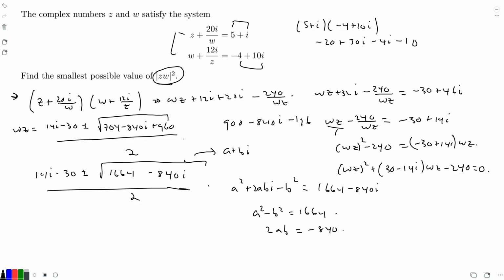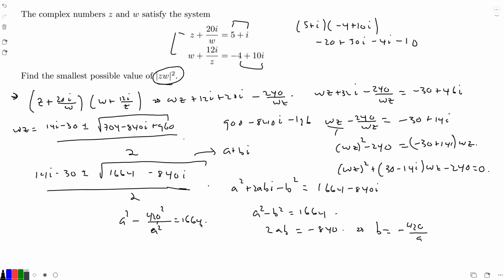Okay, we can substitute b is equal to negative 420 over a into this to get a squared minus 420 squared over a squared is equal to 1664.